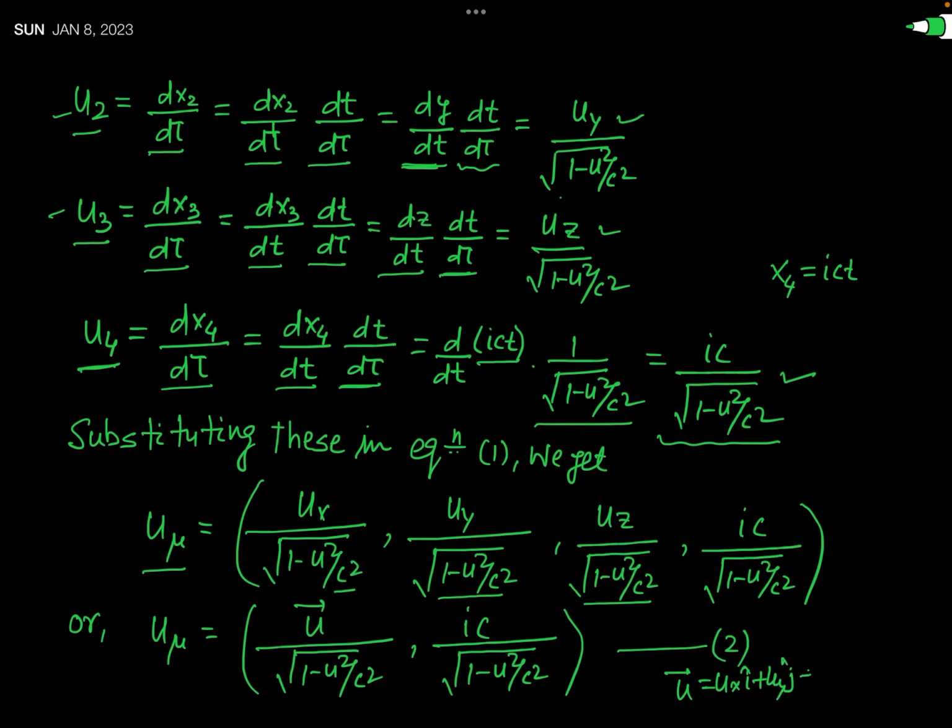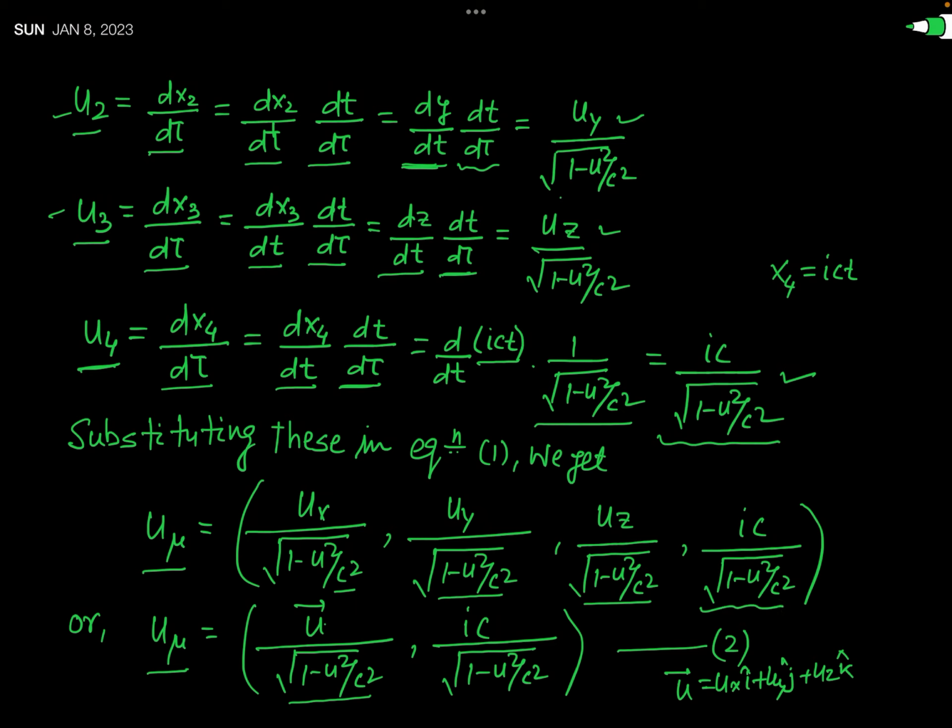So instead of these three expressions, we can combine them into just one expression, and we write u mu equal to vector u, this is the three-dimensional velocity vector, divided by root over 1 minus u square by c square, and the fourth component is added.